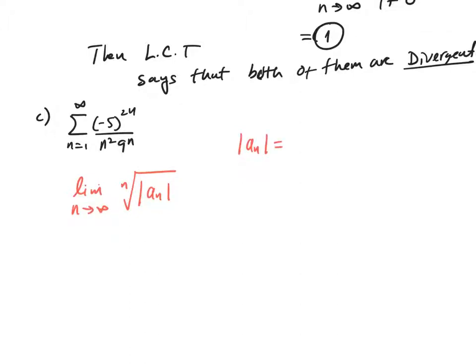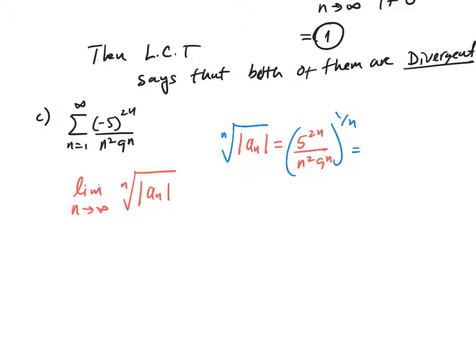If we take the absolute value of this, then you end up with just 5 to the 2n over n squared times 9 to the n. Then if you apply the nth root of that, it's the same thing as raising to the power 1 over n.